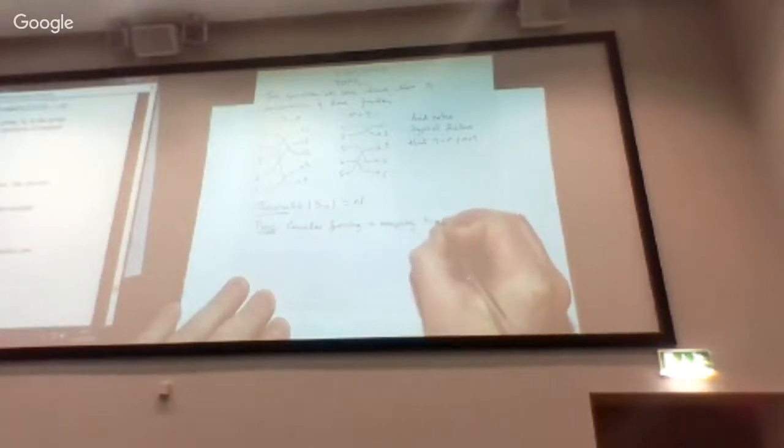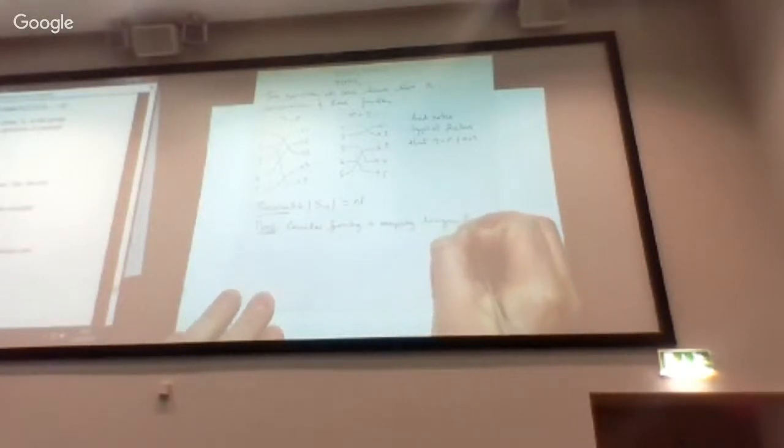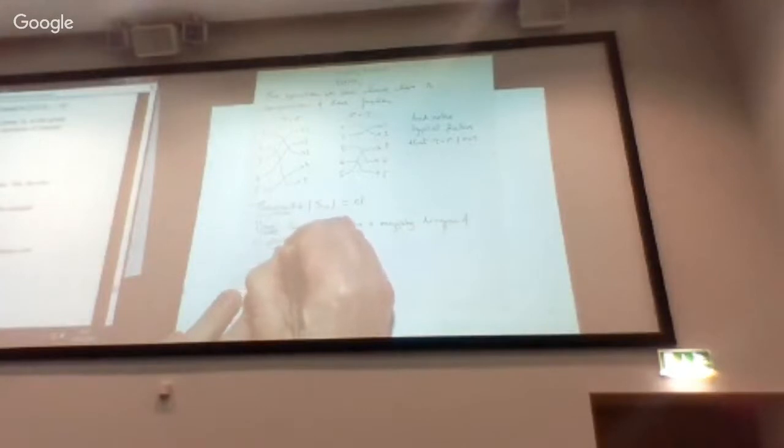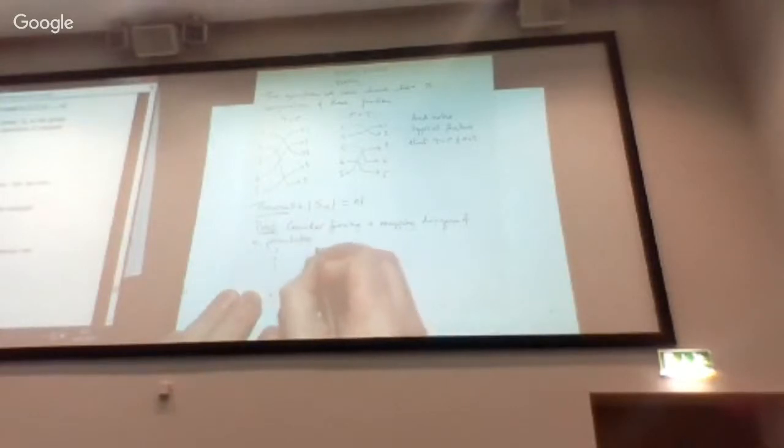Consider forming a mapping diagram of a permutation. You have the elements 1 to n, and you've got to start drawing arrows across the diagram.